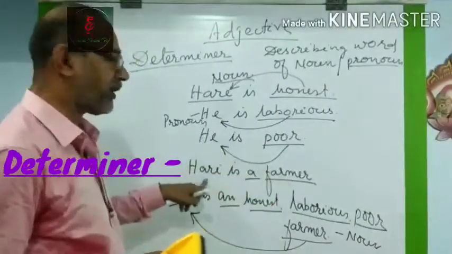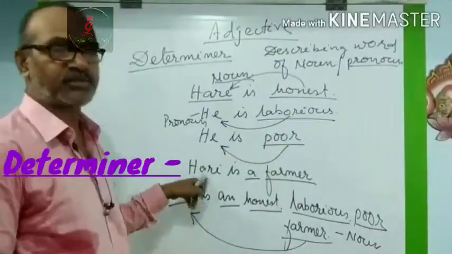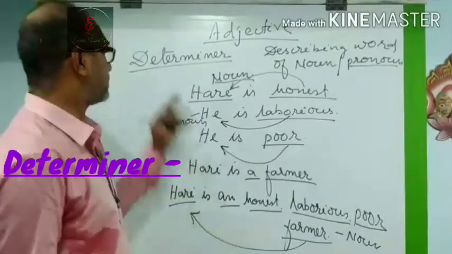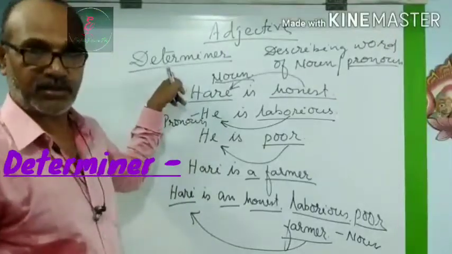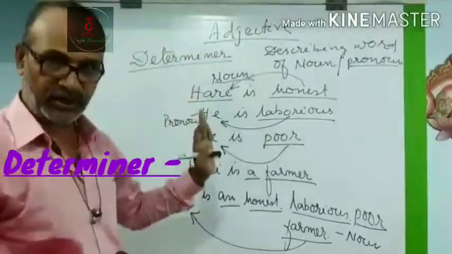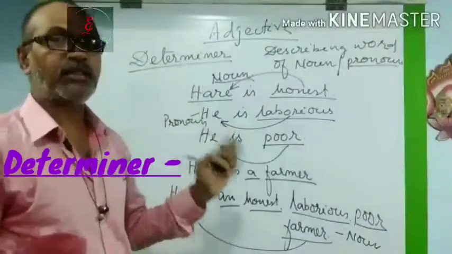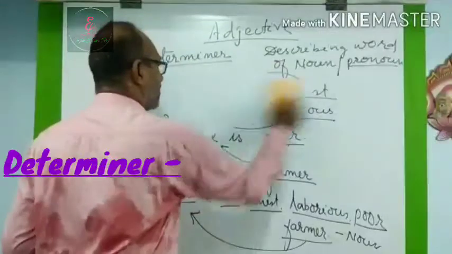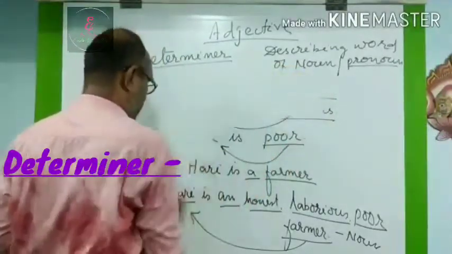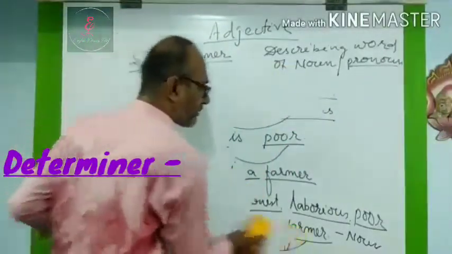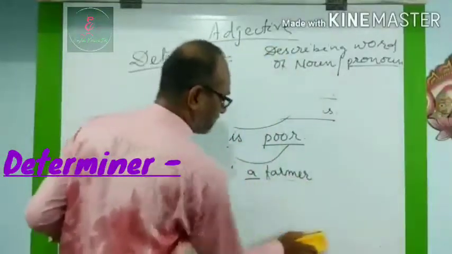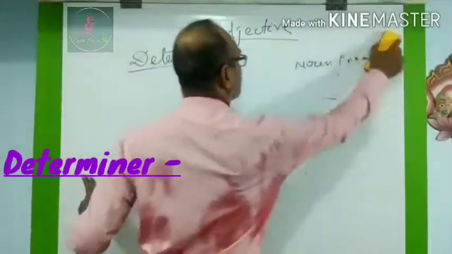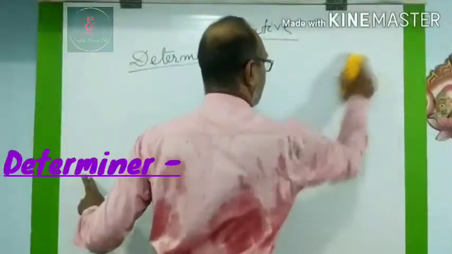But what about Hari? So here comes another concept, determiner, and how they are different and how they are similar. Through understanding adjective and determiner, we will make ourselves clear about this describing word.